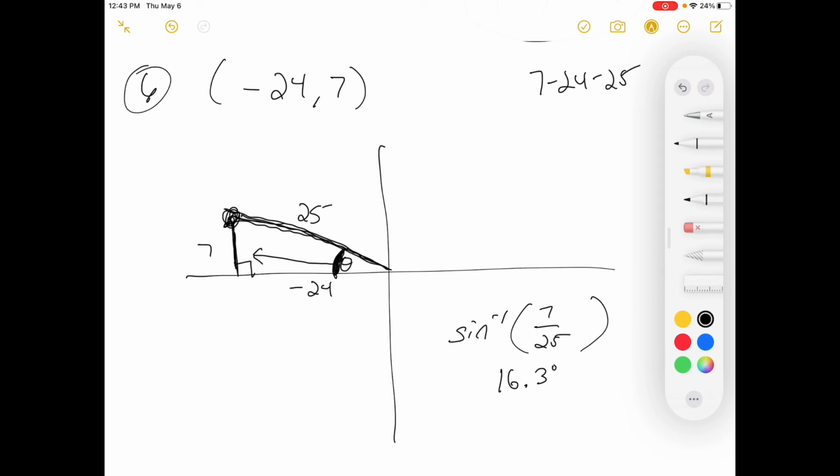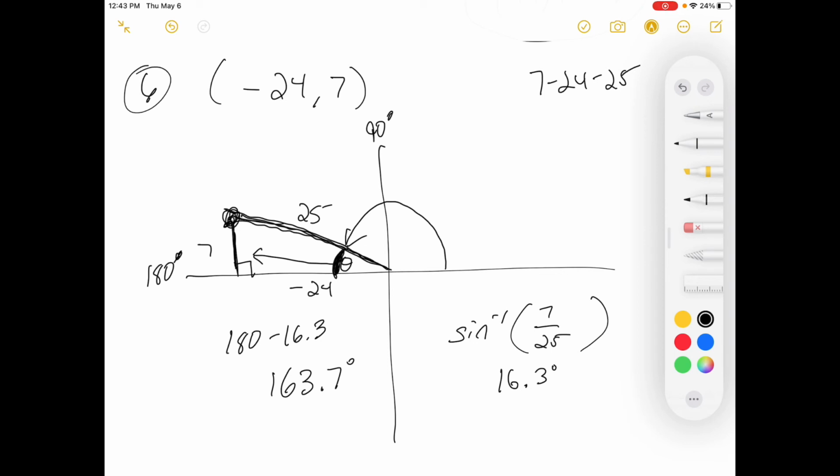Well, since we're in the second quadrant, my angle has to be somewhere between 90 and 180. And so what we can do to figure out how many degrees it is from here to here, we'll just say 180 minus 16.3. That gives me 163.7 degrees.